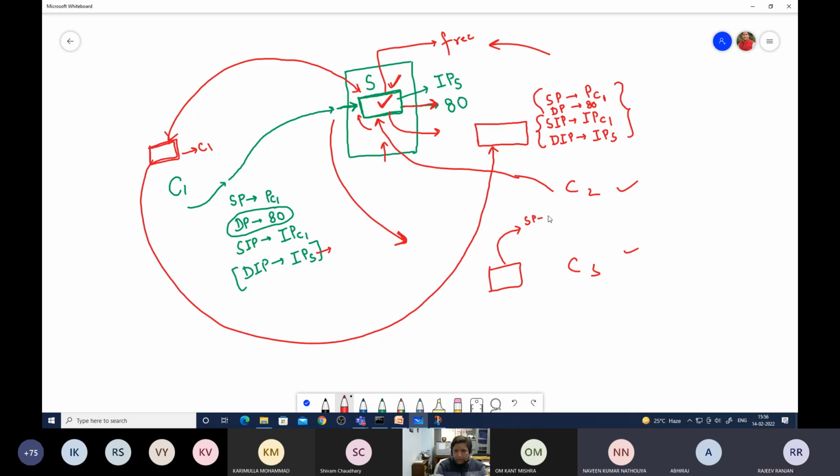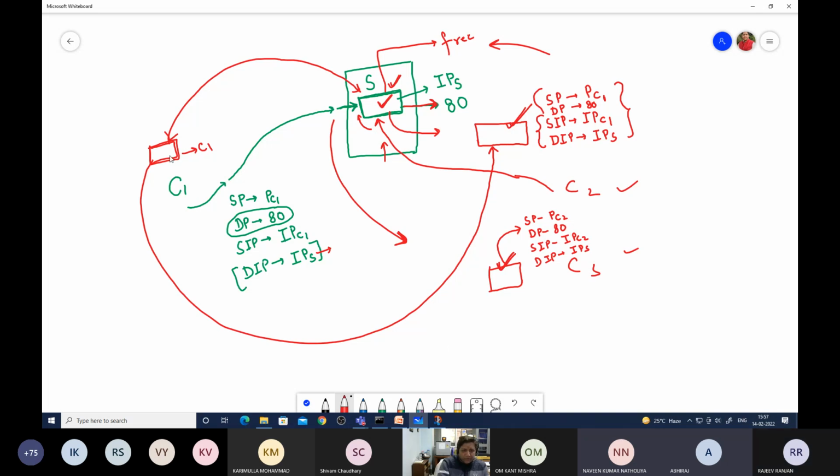Source port would be the port number of C2, destination port 80, source IP of C2, and destination IP would be IPS. And in this way, these two sockets can be differentiated, because now the identifier is not by 1 or 2 fields. The identifier is made up of a 4 tuple.